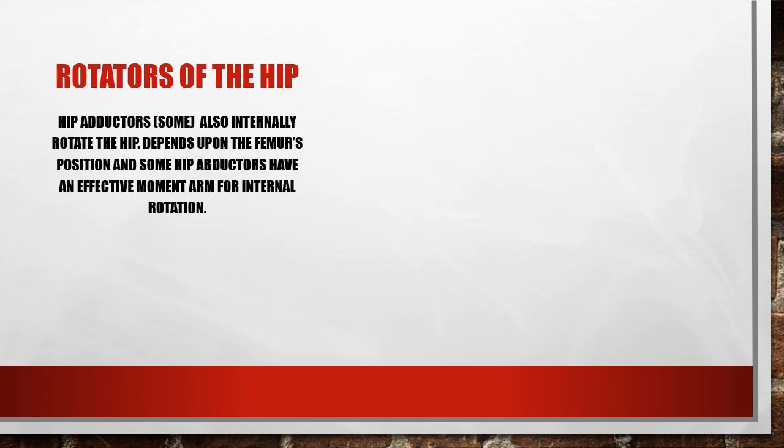So the hip adductors can also internally rotate the hip, some of them. It depends on the femur's position, and some hip abductors have an effective moment arm for internal rotation as well.